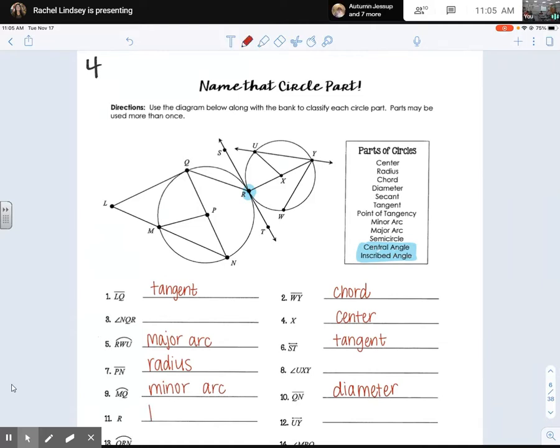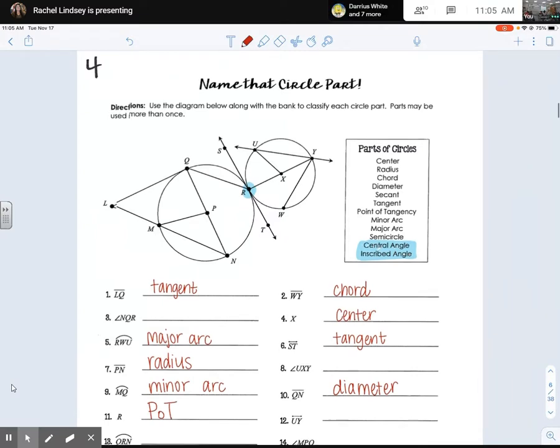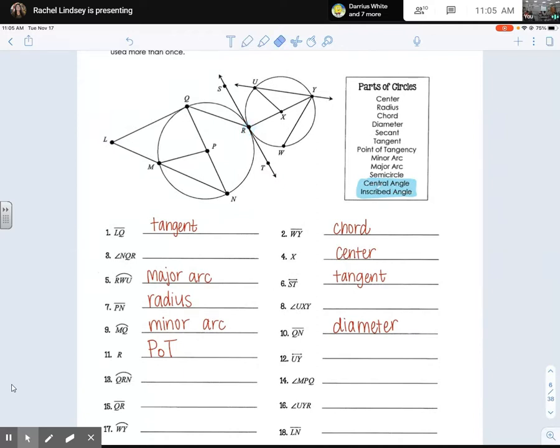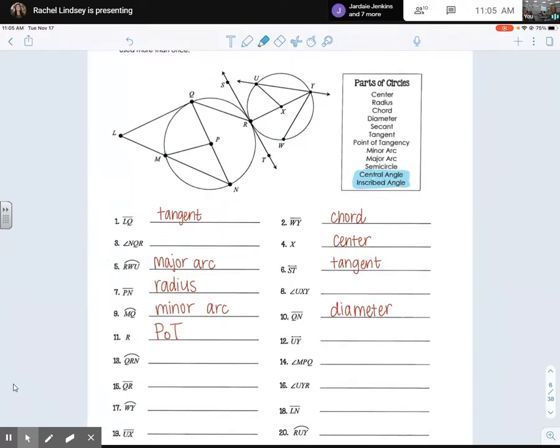I'm just going to write POT. I don't like writing out point of tangency, so I just put POT. Now, UY. It's not a chord, it's a secant.